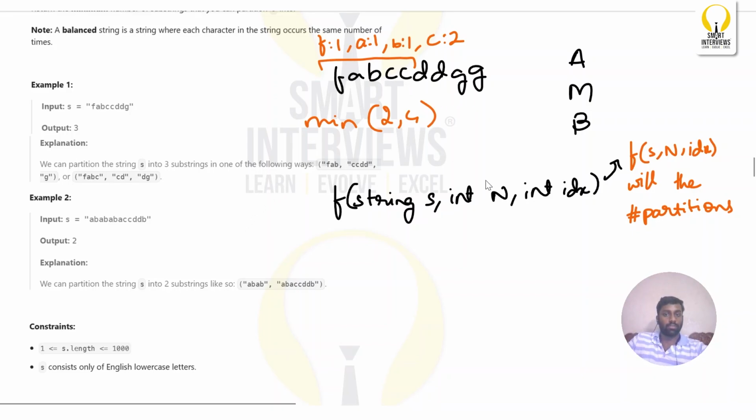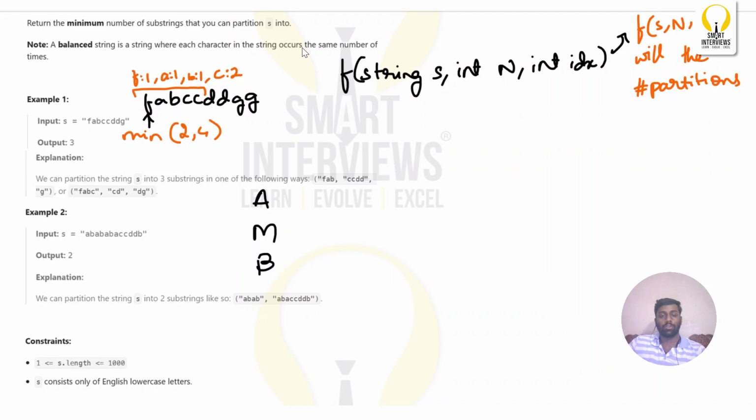So from the current point, until which point can I create a substring? Until the entire string I can create a substring. So the first step here is going to be the assumption.